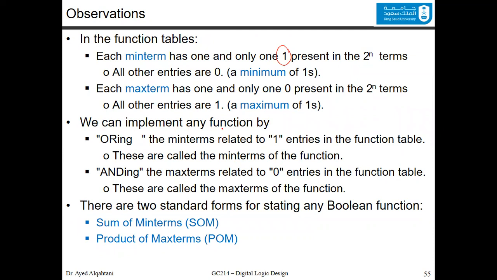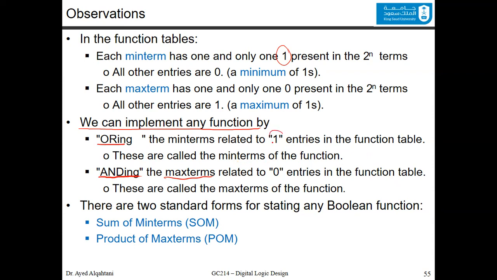We can implement any function, and this is one of the key results, no matter what the function is, by ORing the min terms related to the ones in the function table, or within the truth table. These are called the min terms of the function. Or you can AND the max terms, which correspond to the zeros in the truth table.